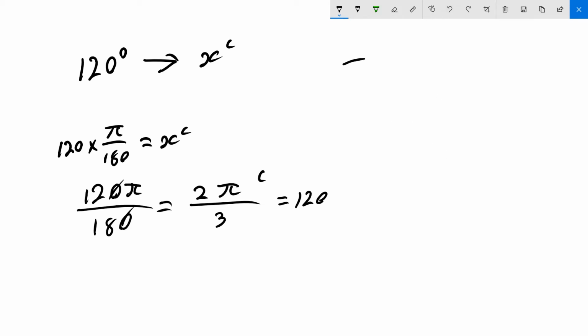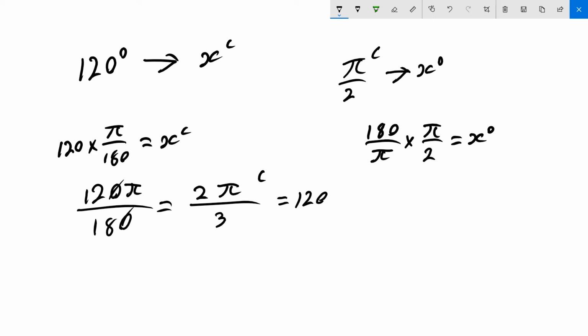What if I had pi over 2 radians and I want to convert into degrees? Well, I do the exact same process, but with 180 over pi times our amount, which in this case is pi over 2, which will give us x in degrees.